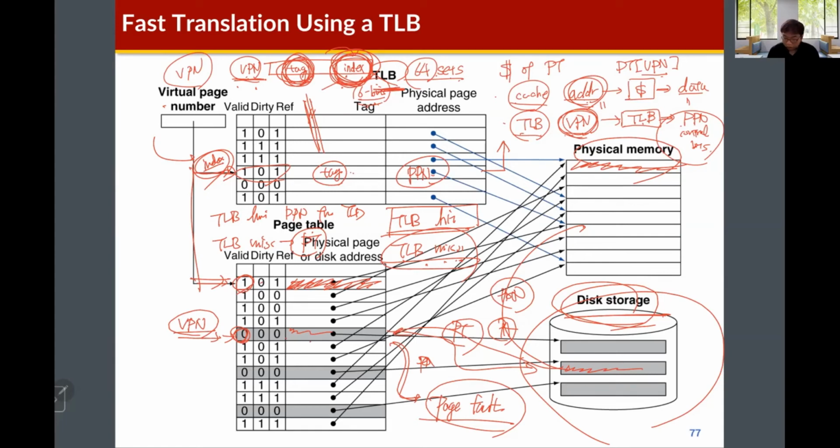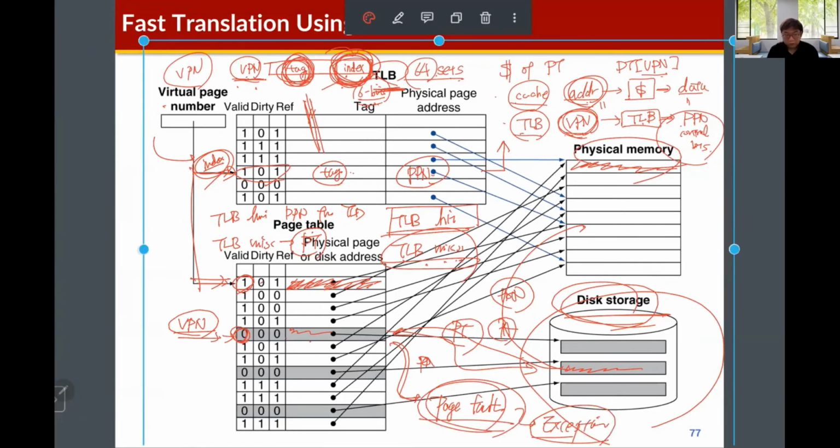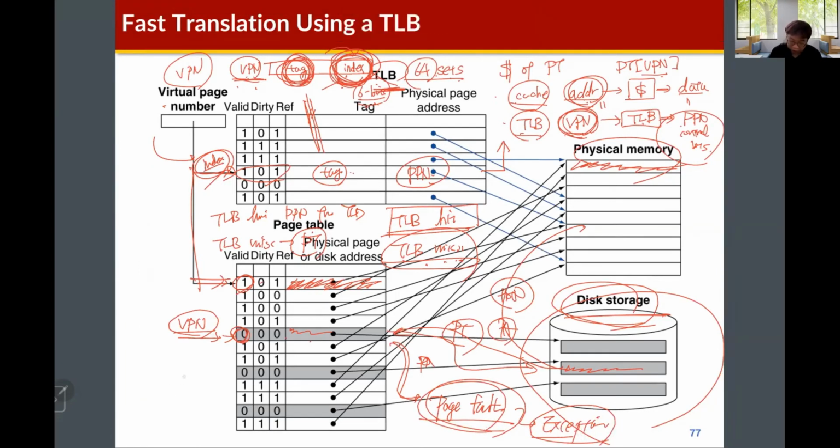And I said that the page fault is a kind of exception. Okay. So when the load instruction is executed, this load instruction may encounter a page fault. And if the page fault is detected, it means that the page table does not have any valid data.